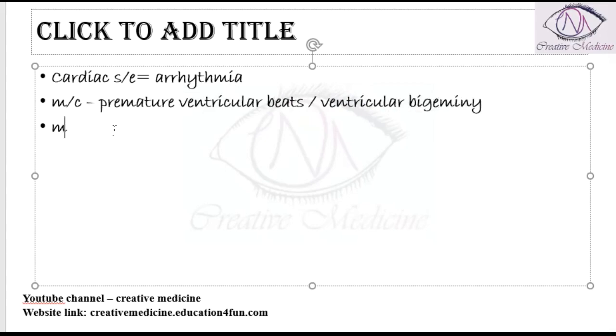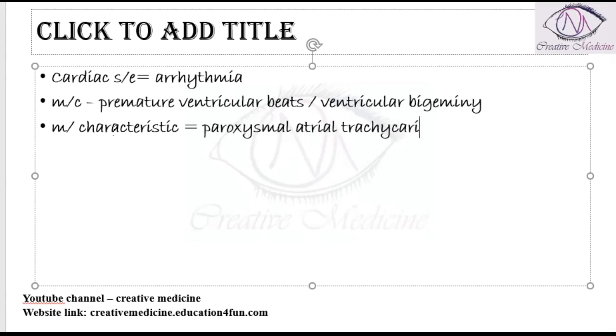If you were asked what is the most characteristic cardiac arrhythmia, it is paroxysmal atrial tachycardia, or it is also called non-paroxysmal supraventricular tachycardia with variable heart block.